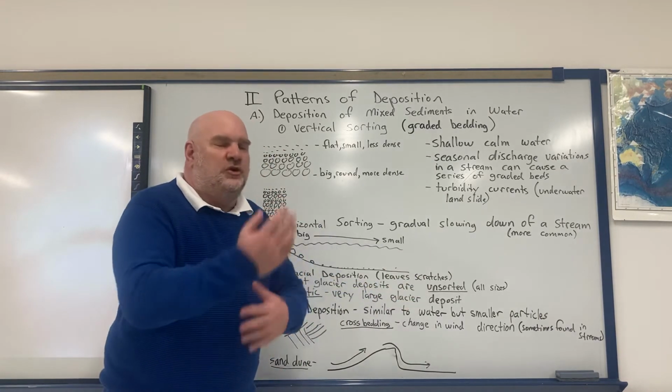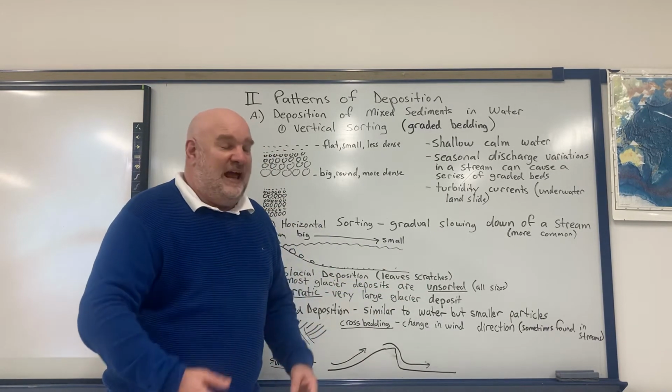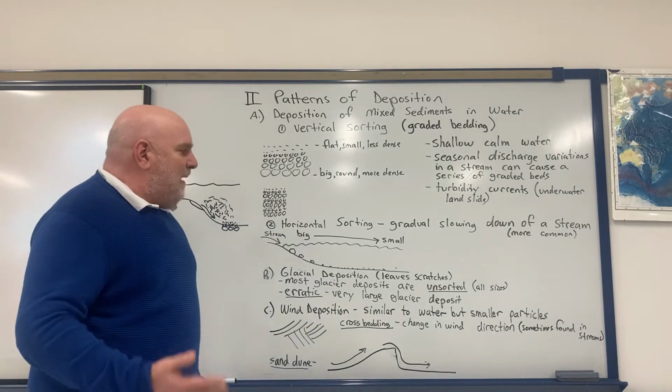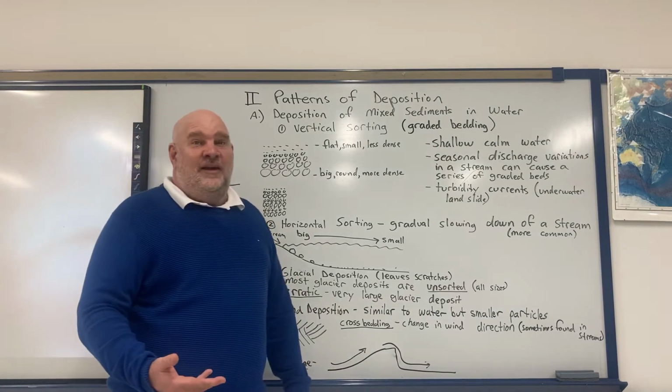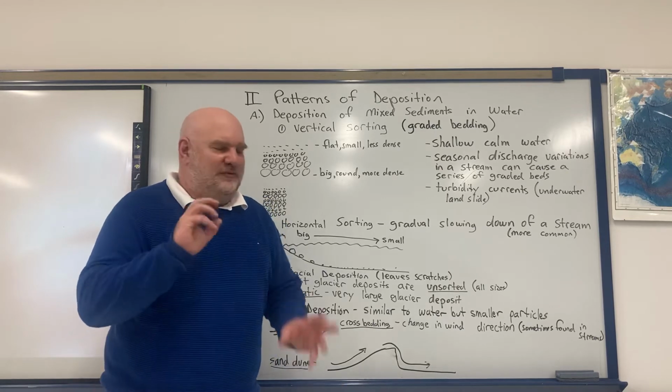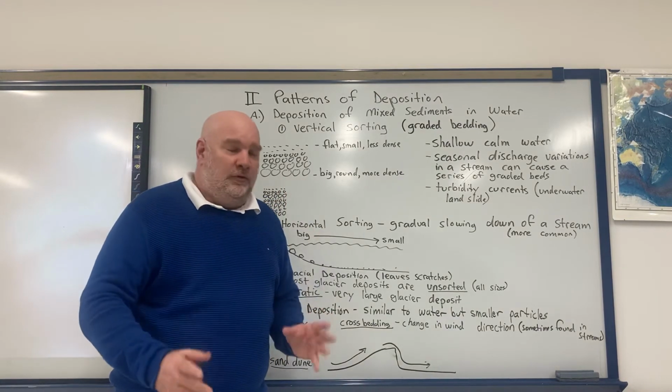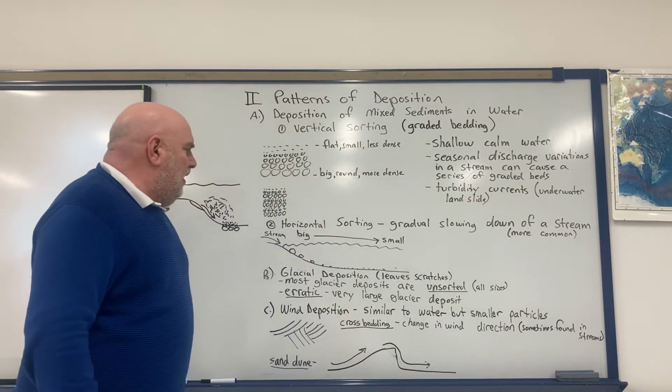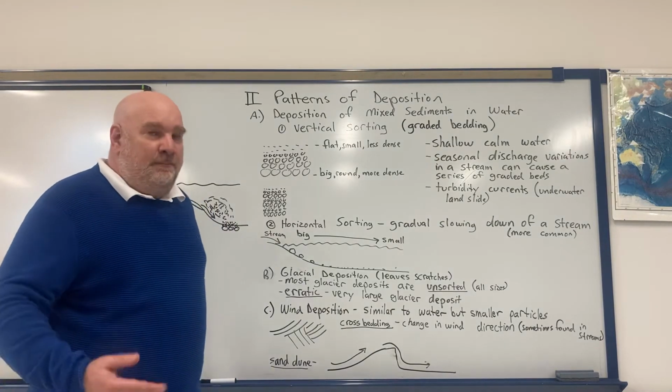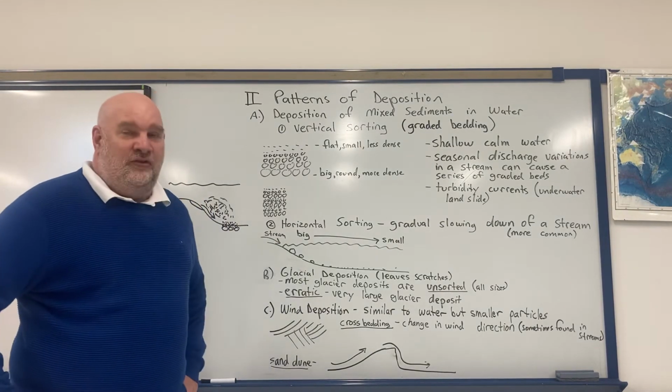It's just a mixture of all stuff all mixed together. So you could say the pattern you get with glacial deposits is there is no pattern. It's a bunch of different size and shape things all mixed together. There are a few exceptions to that, but generally speaking, glacial deposits are usually unsorted.